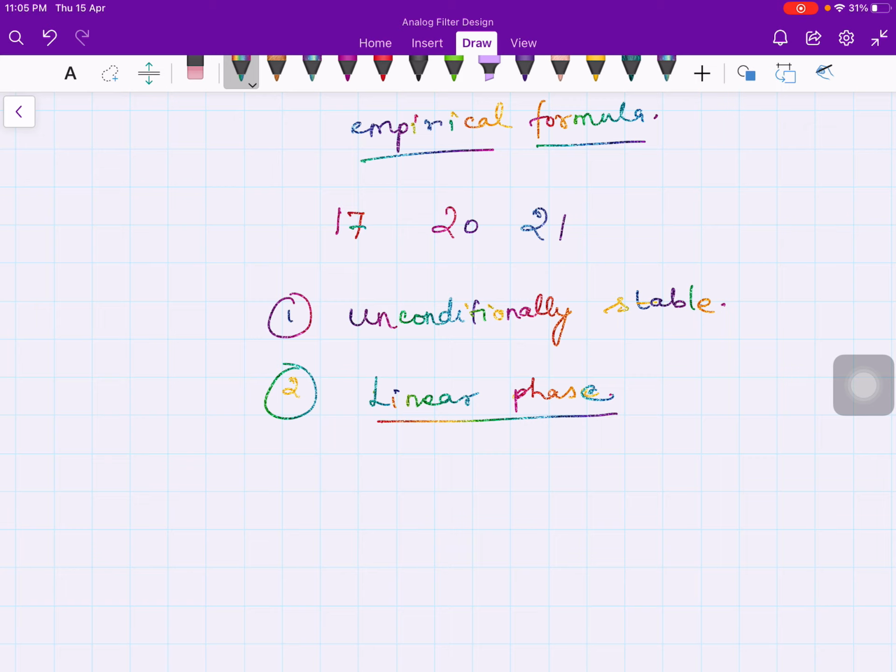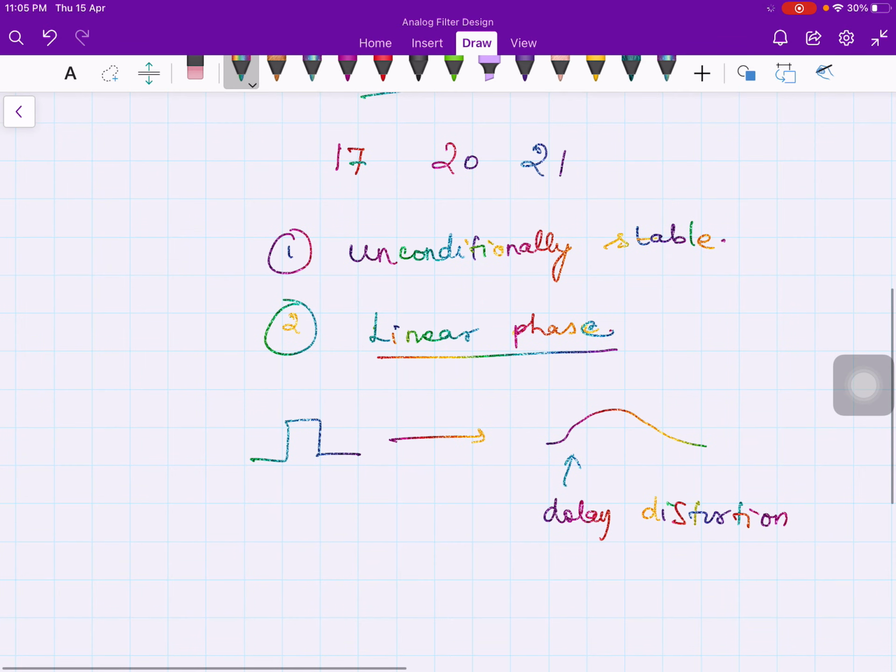If linear phase is strict requirement, for example in data transmission or data processing, if a rectangular pulse you transmit and this rectangular pulse becomes smeared, it may be like this, because of the delay distortion. This happens because of something called a delay distortion. Then rectangular pulse does not convey what you wish to convey.